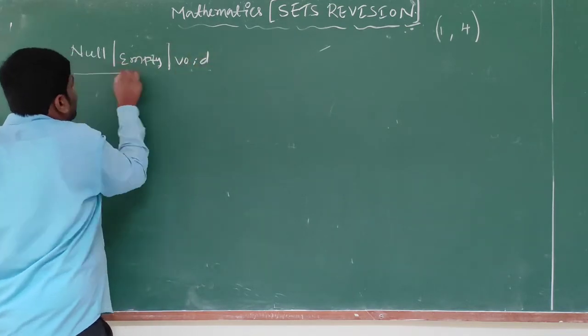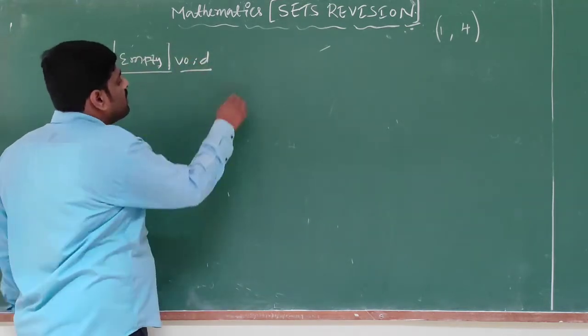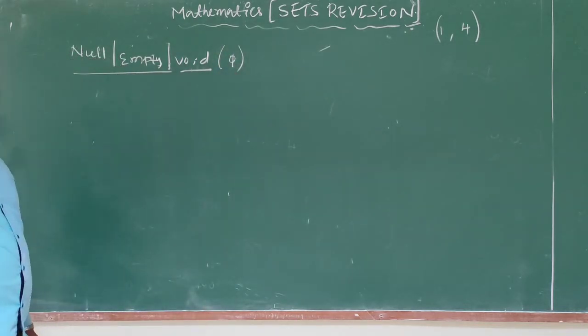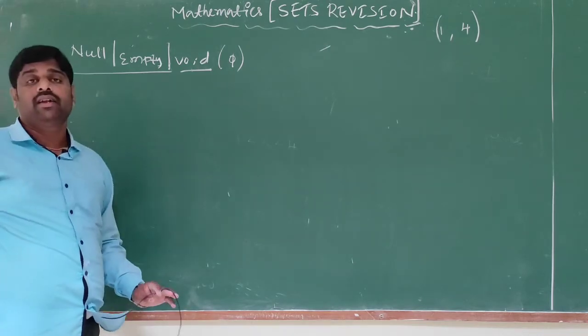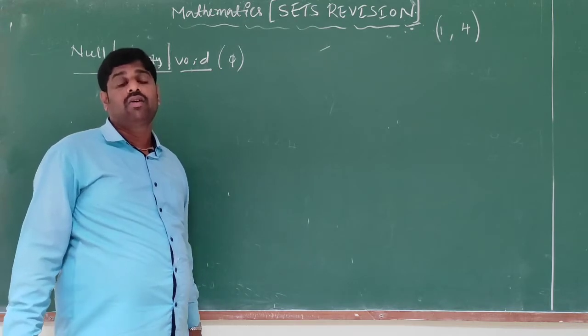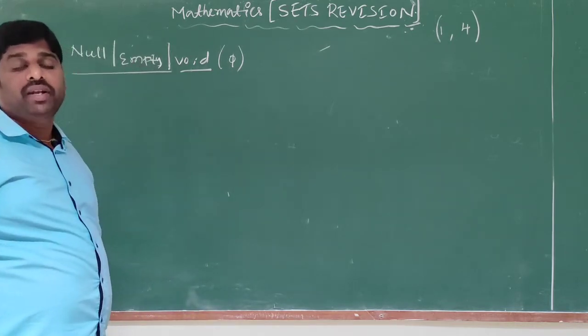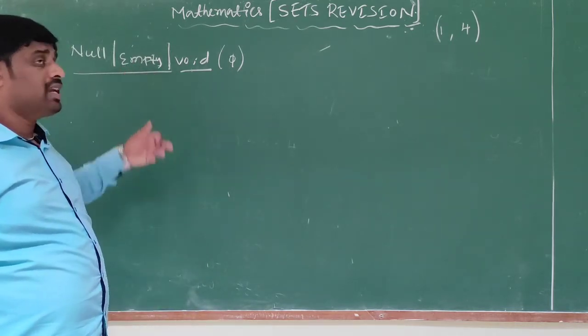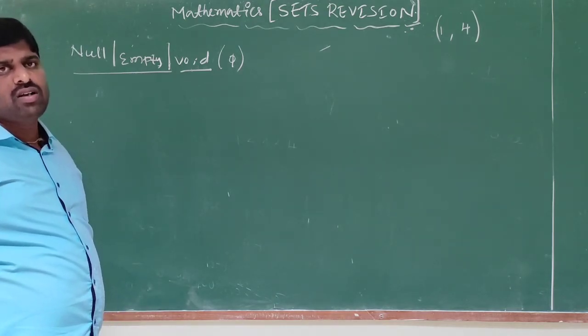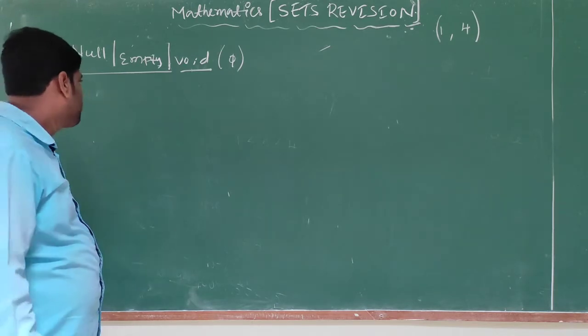Here null or empty or void set means this is represented as null. The set containing no element is called null set or void set or empty set. The set containing no element is called empty set.